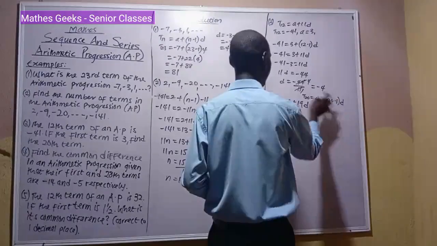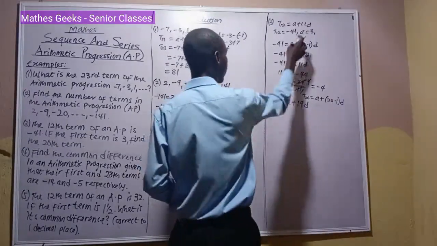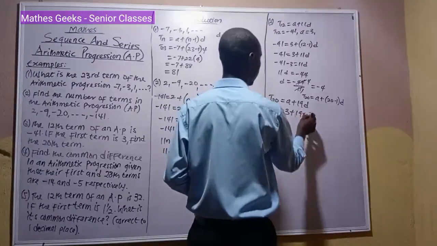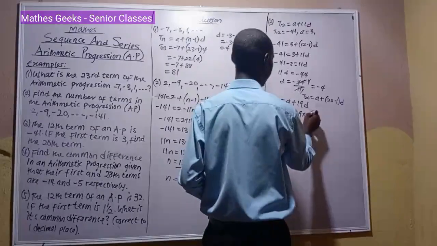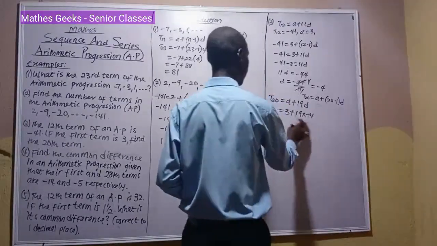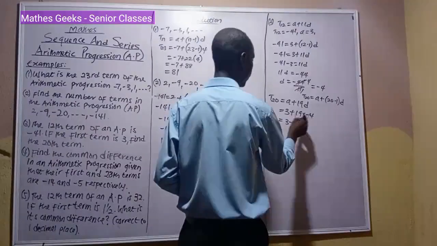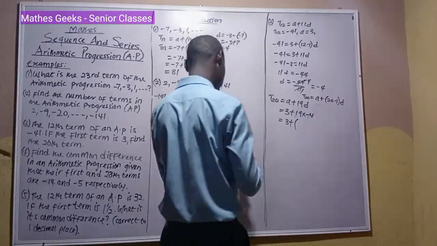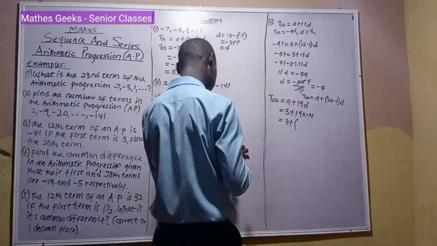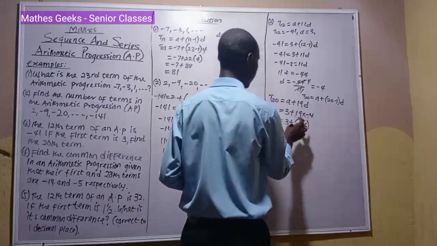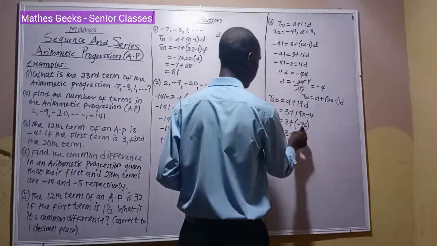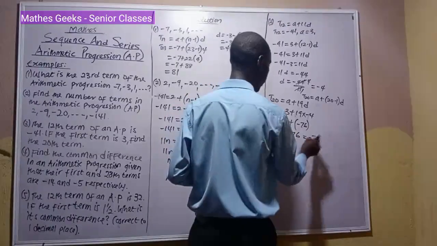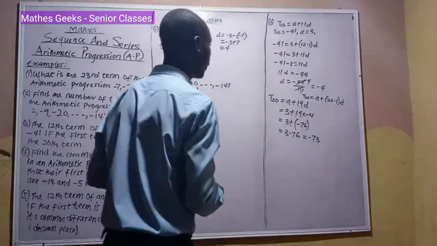So 19 times D. A, which is our first term, is 3, plus 19 times minus 4. 19 times minus 4 gives minus 76. So plus times minus will give us minus: 3 minus 76, and that gives us minus 73. So the 20th term is minus 72.